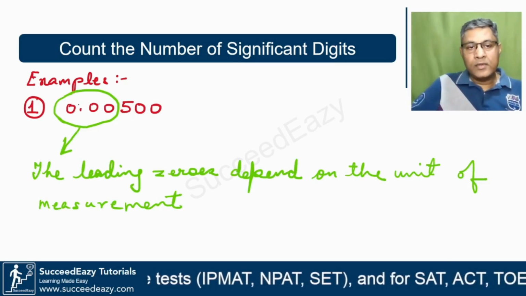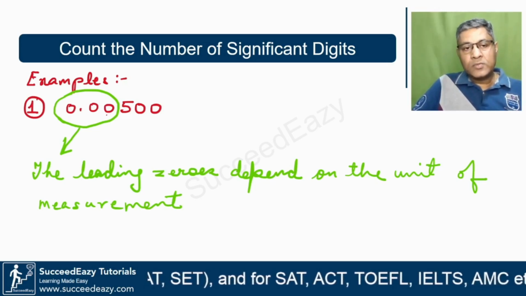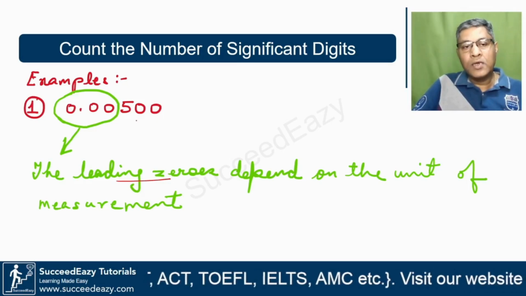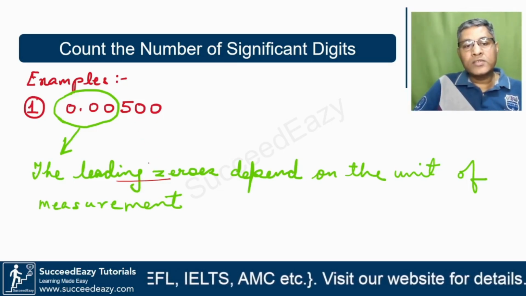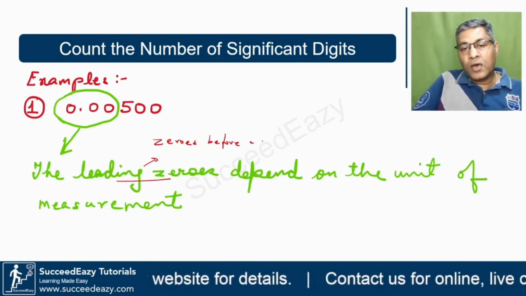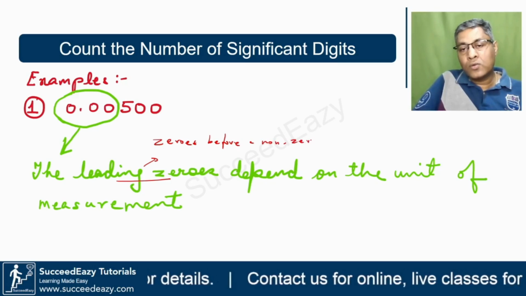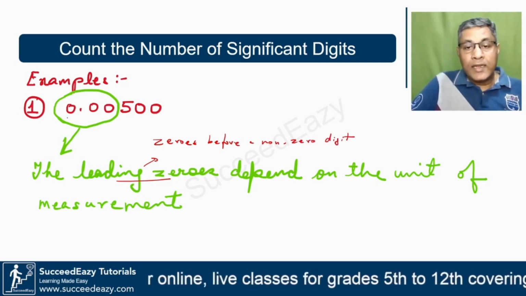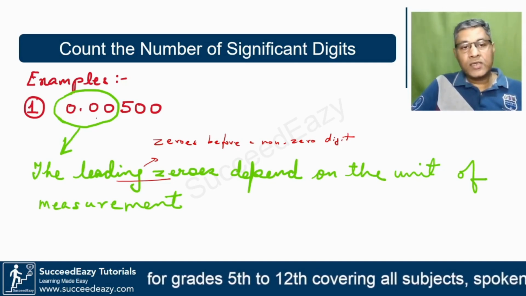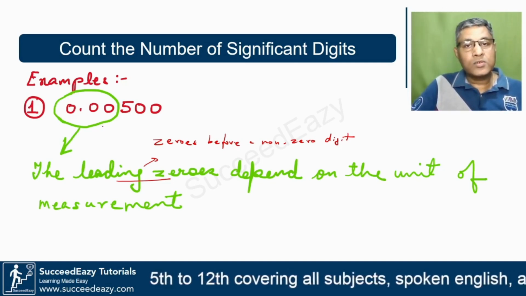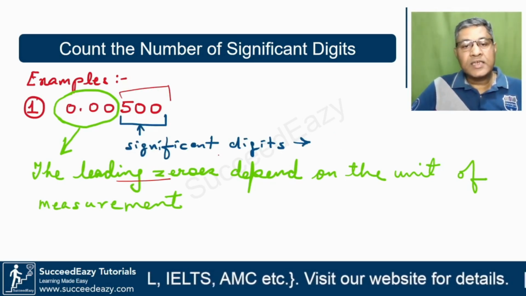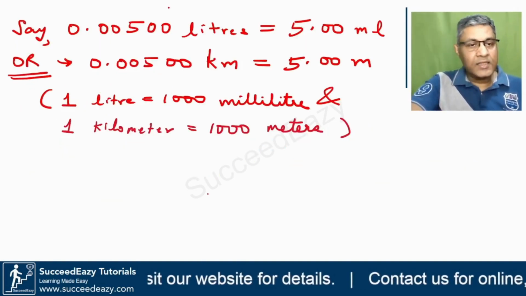So here, the leading zeros, meaning the zeros that come before a non-zero digit, depend on the unit of measurement, and as you will see, will not count towards the number of significant digits. This part is the significant digits. How? Let's see that.